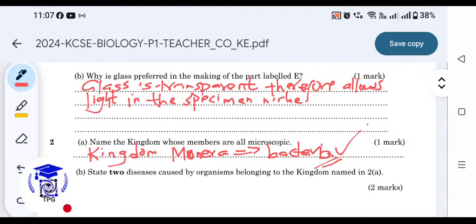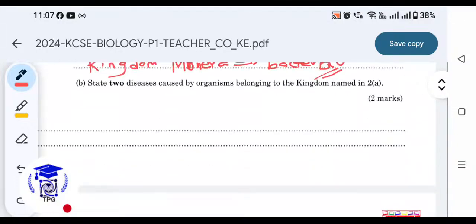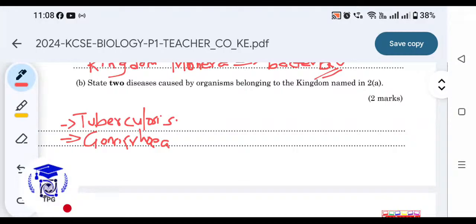State 2 diseases caused by organisms belonging to the kingdom that we have just mentioned in 2A. Some of the bacterial diseases we have, for example, tuberculosis, gonorrhea, syphilis.